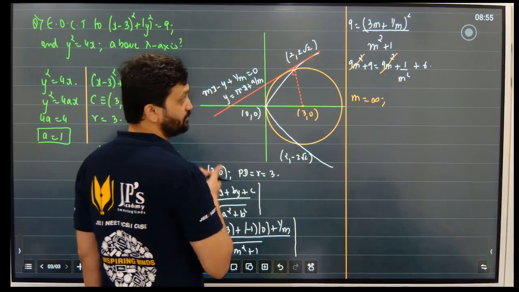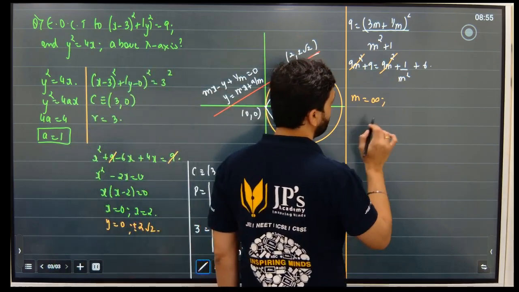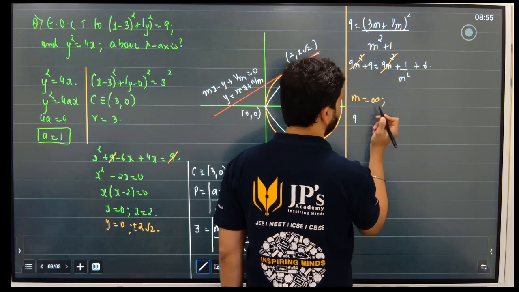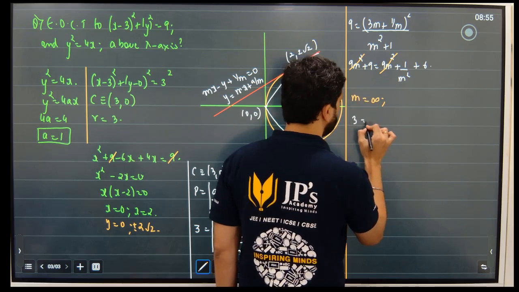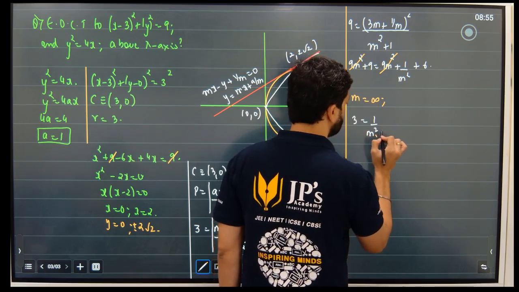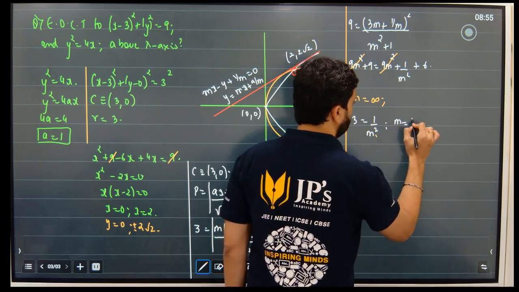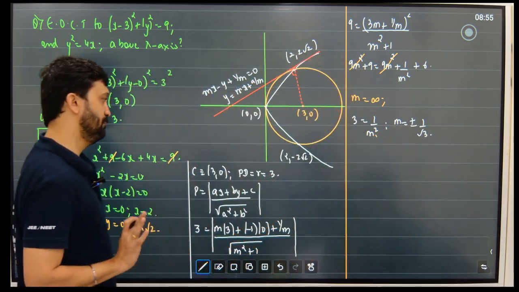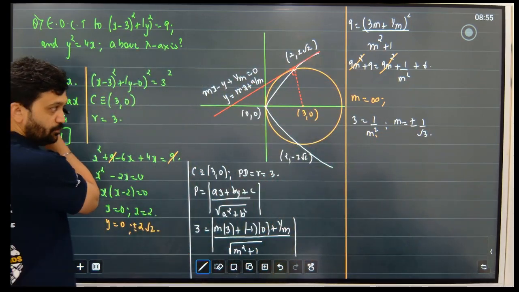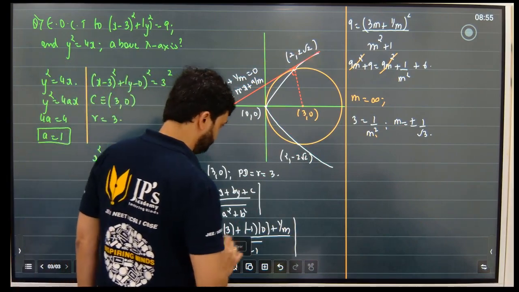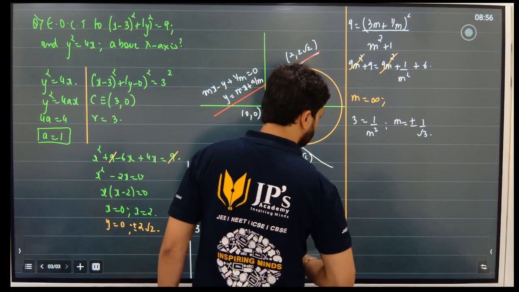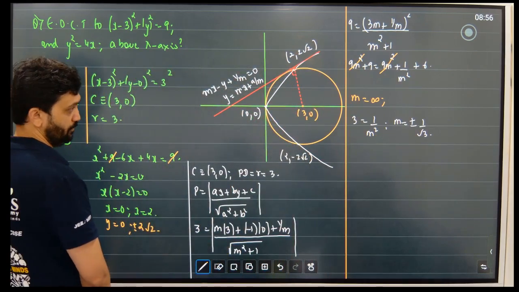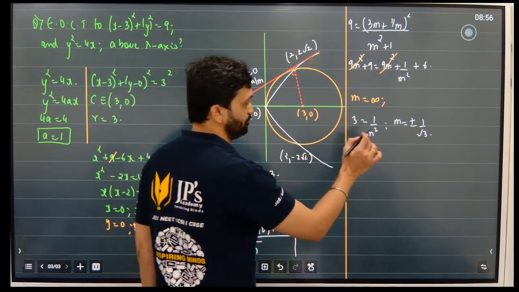My m becomes infinity, and here, if you check, I will get 9 minus 6, 3 is equal to 1 by m square, so m is plus minus 1 by root 3. So m is equal to infinity, and 3 is equal to 1 upon m square. Now I have the values of m, that is 1 by root 3, and basically three values.